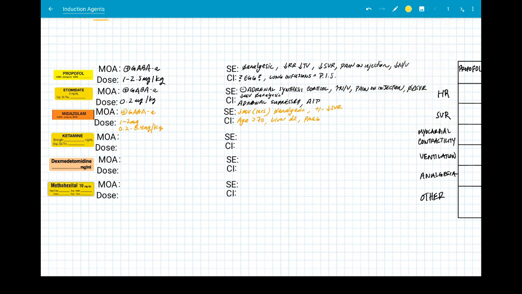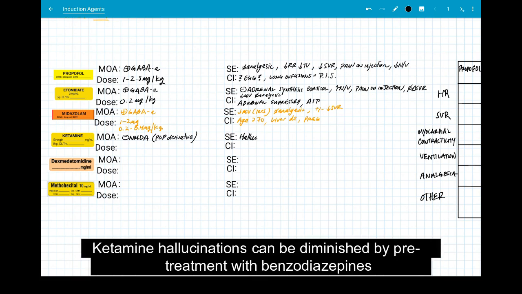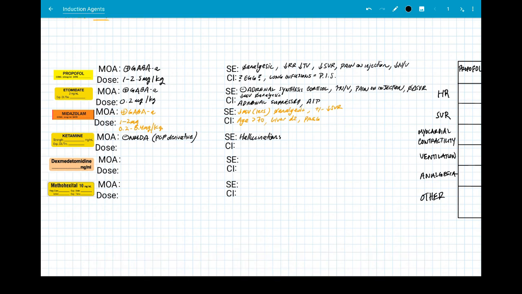Moving on to ketamine. It acts through inhibiting NMDA receptors. It's a PCP derivative, so one of the side effects, therefore, is hallucinations. Induction doses are 1 to 2 milligrams per kilogram.